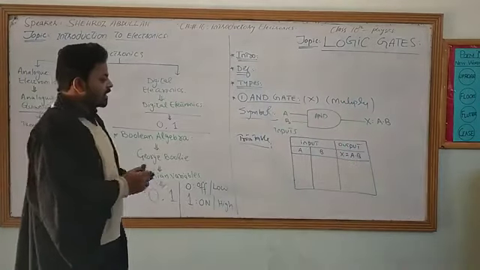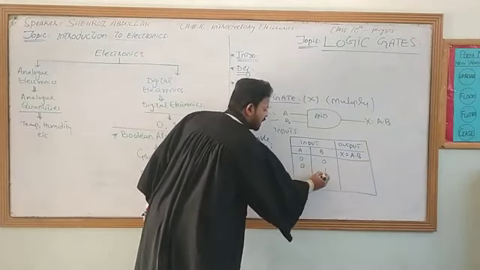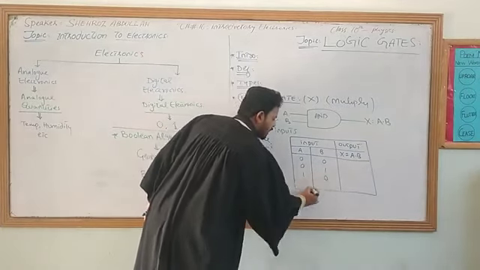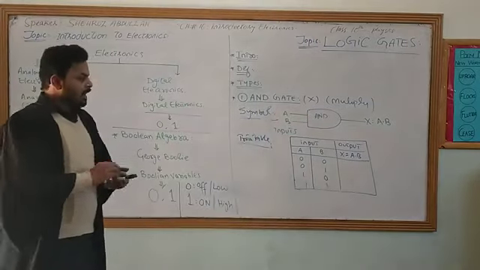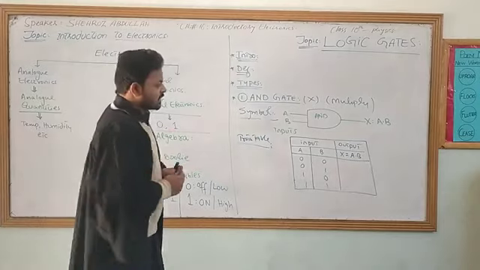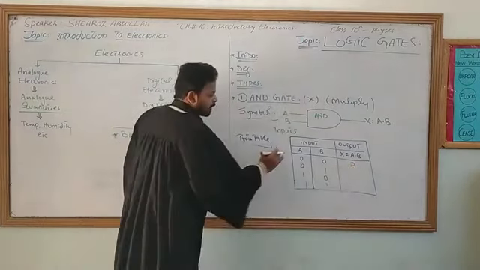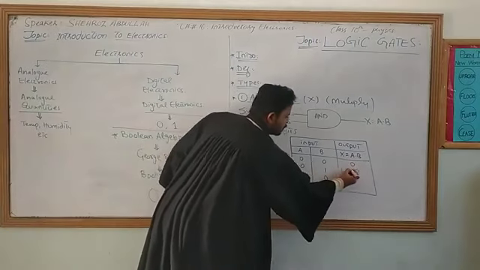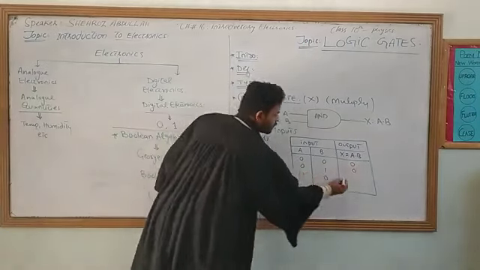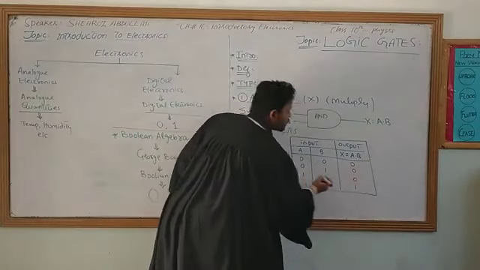We have standard inputs like 0 0, 0 1, 1 0, 1 1. Now, what will be the operation on the logic gate? Multiply 0 and 0, this will give you 0. Multiply 0 with 1, this will give you 0. Multiply 1 with 0, this will give you 0. Multiply 1 with 1, this will give you 1.